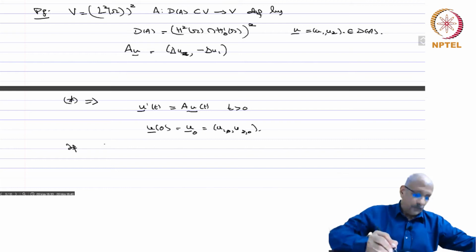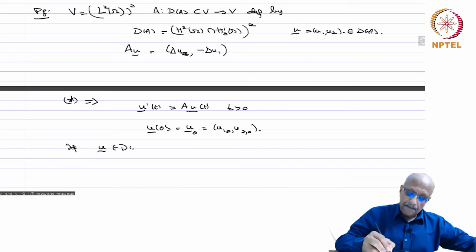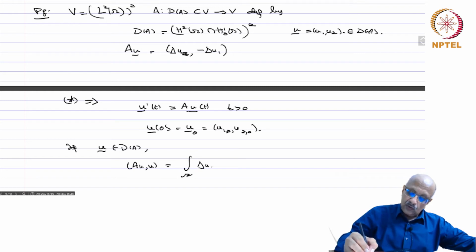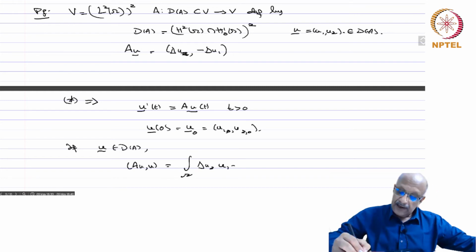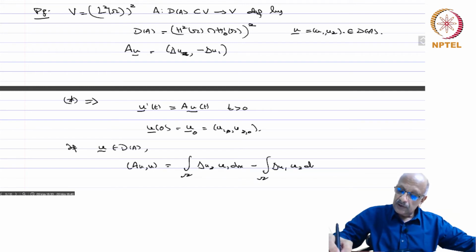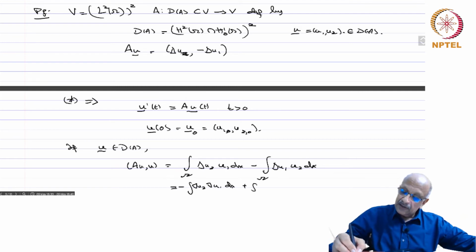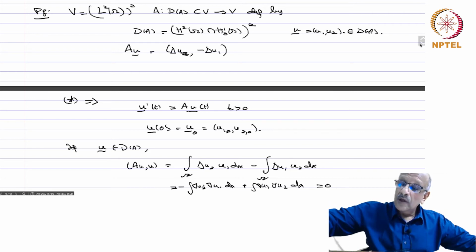If U belongs to D(A), then you have (AU, U) which equals the integral over Ω of Δu2 u1 dx minus the integral on Ω of Δu1 u2 dx, and u1, u2 are in H² intersection H¹₀, and that is equal to minus the integral of grad u2 dot grad u1 dx plus the integral of grad u1 dot grad u2 dx, and that is equal to 0. So (AU, U) equals 0.